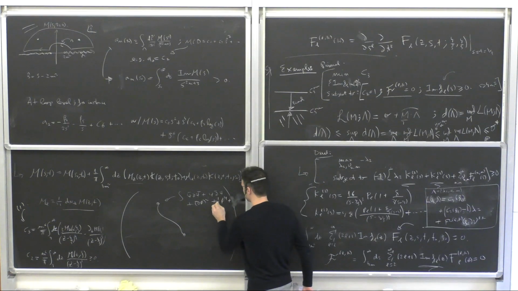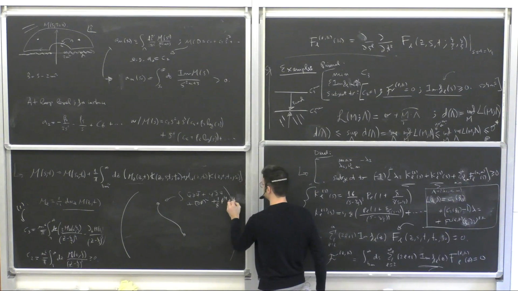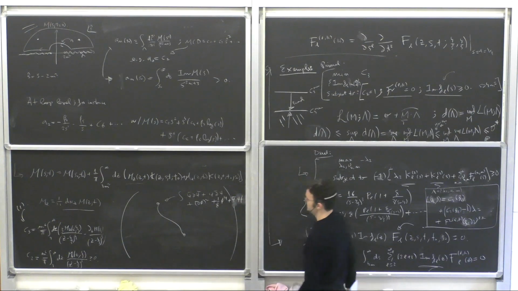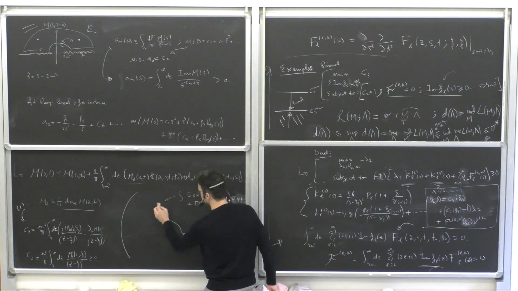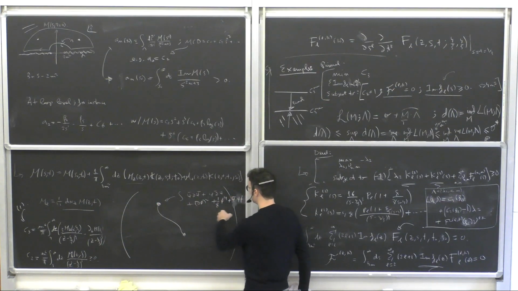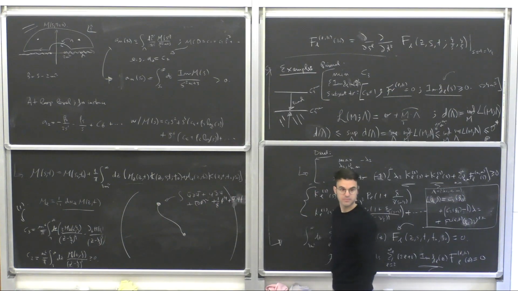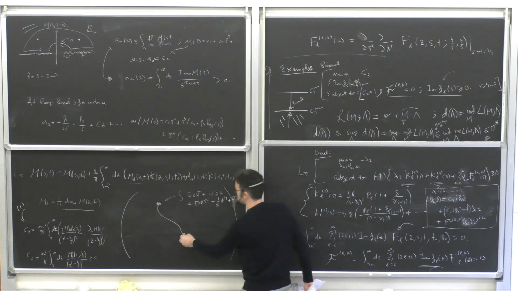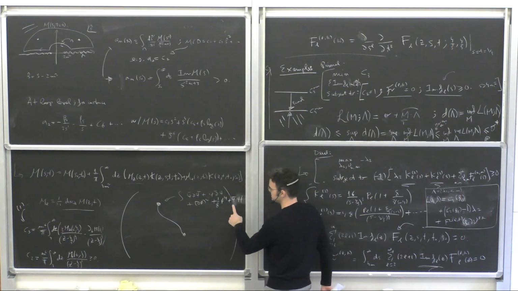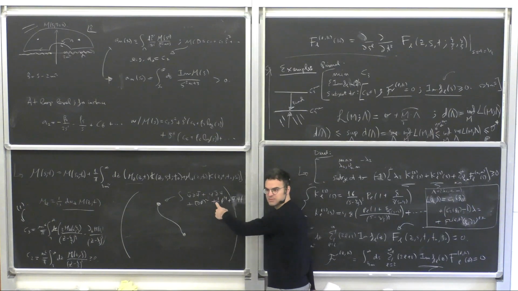Actually, the normalization is something like this, psi bar phi. It turns out that this theory preserves supersymmetry.